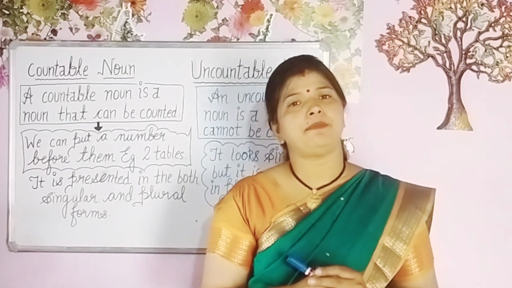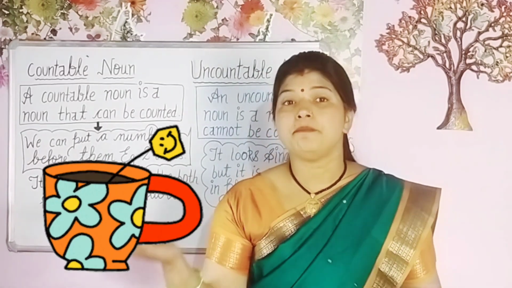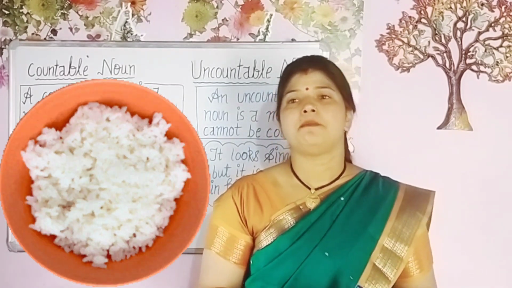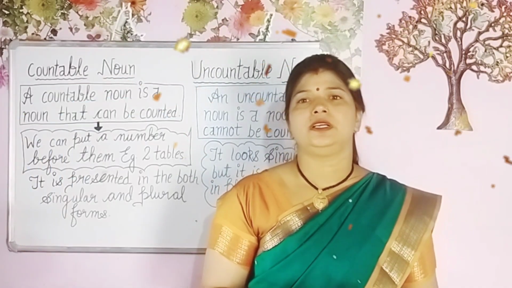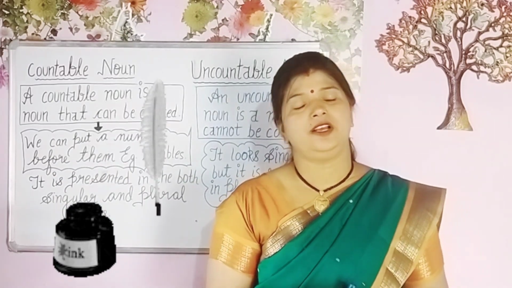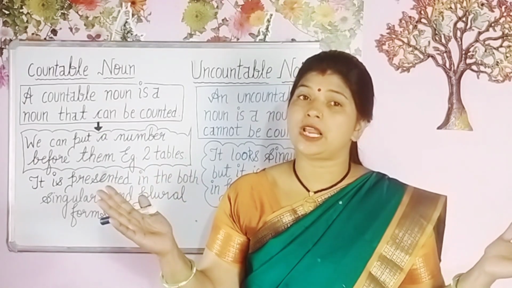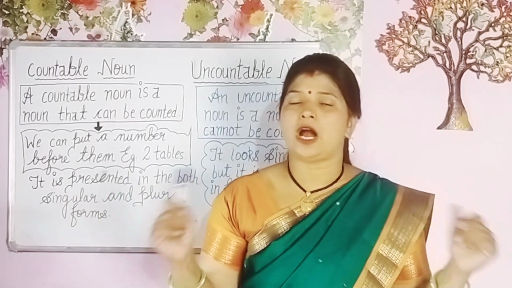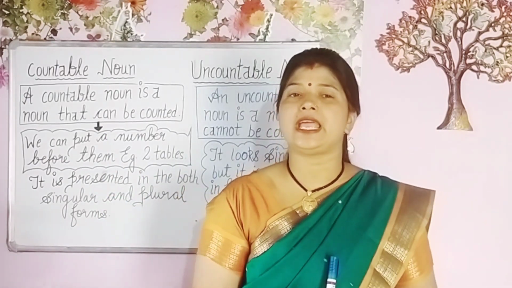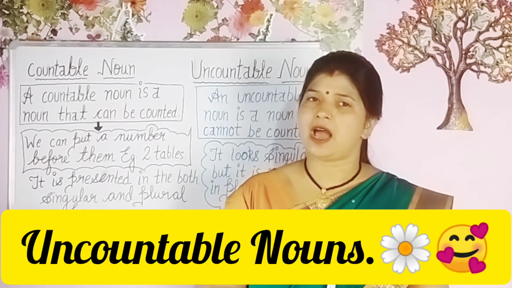Some other examples of uncountable nouns are tea, milk, rice, petrol, gold, air, ink, leather, etc. So uncountable nouns are those nouns which we cannot count, जिनको हम count ना कर सके. These types of nouns are known as uncountable nouns.